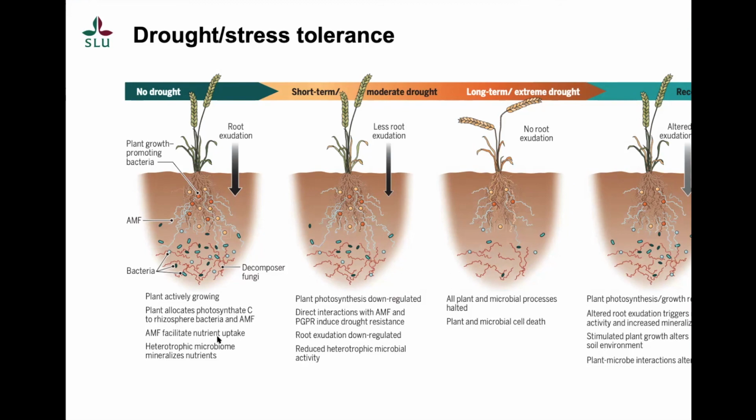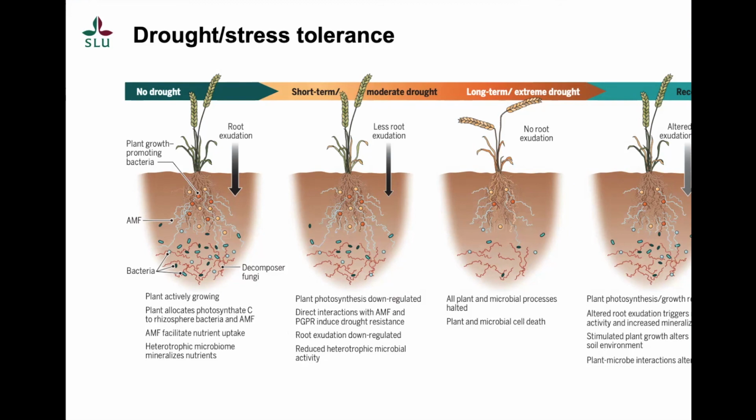But when we go back to the stress response, how the plant reacts to the stress will also determine what the microorganisms are doing and how well the system can recover later from that stress, from the drought stress. So if it's really becoming drier, the plant's not going to want to be putting down so much carbon.